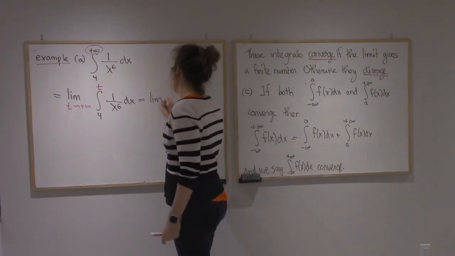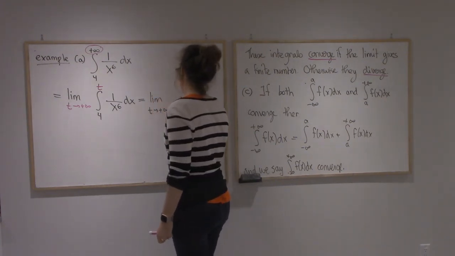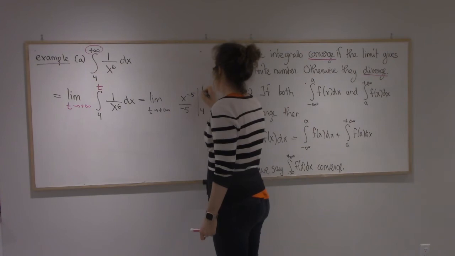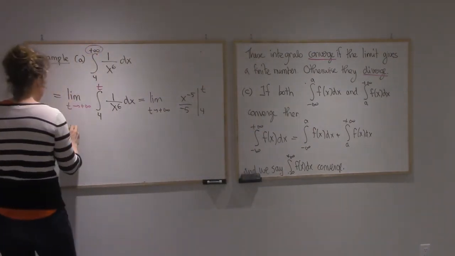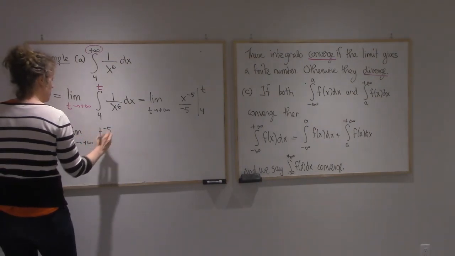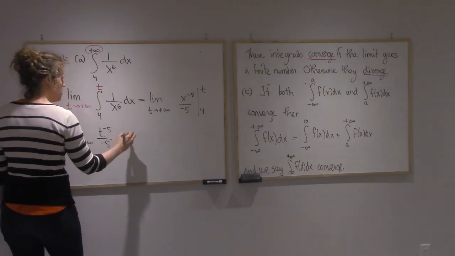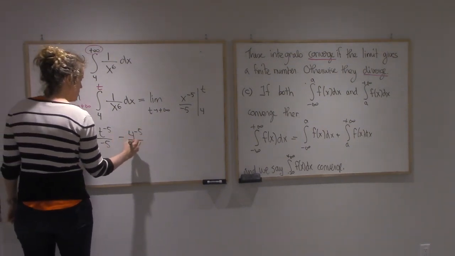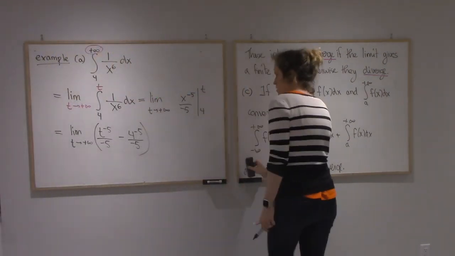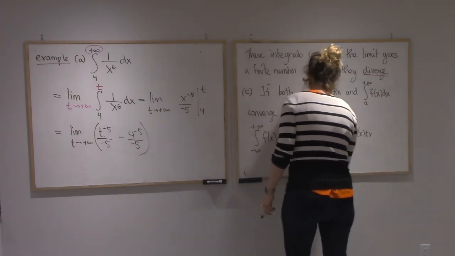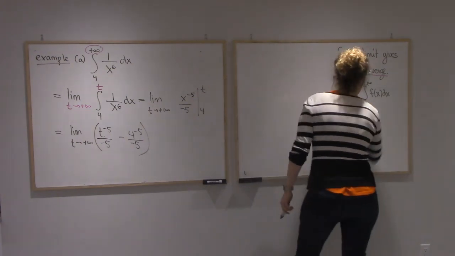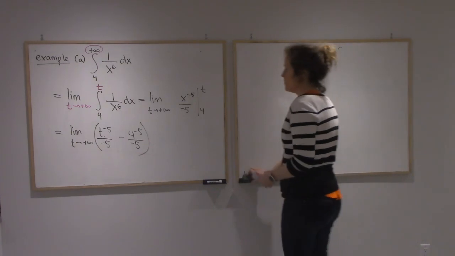So I'll get the limit as t goes to positive infinity of x to the minus 5 over minus 5, from 4 to t. So what do I get?